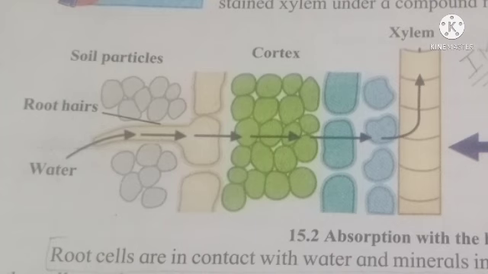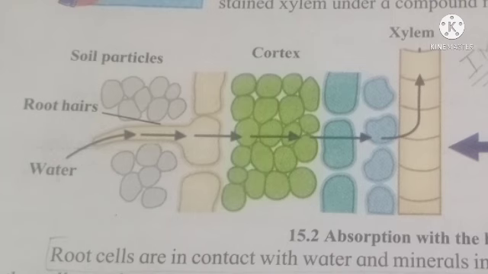Root cells are in contact with water and minerals in the soil. Water and minerals enter the root cells on the root surface due to a difference in concentration. As a result, these cells become turgid. Just observe the diagram shown here.